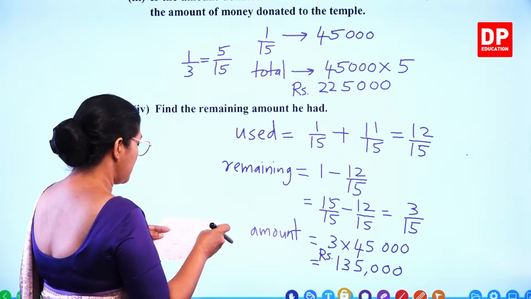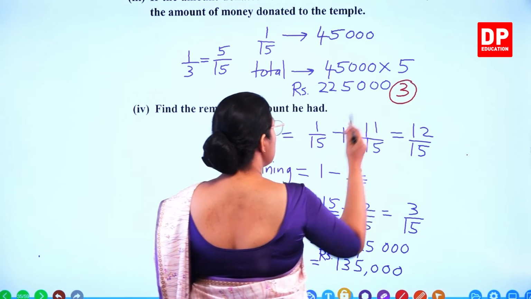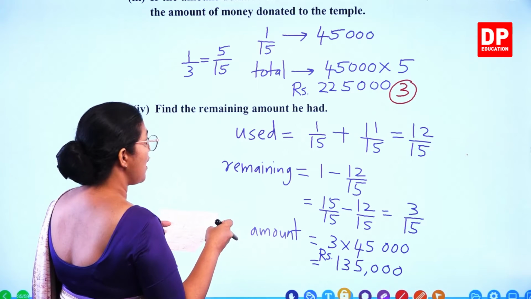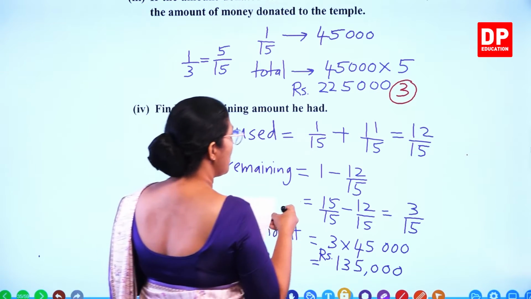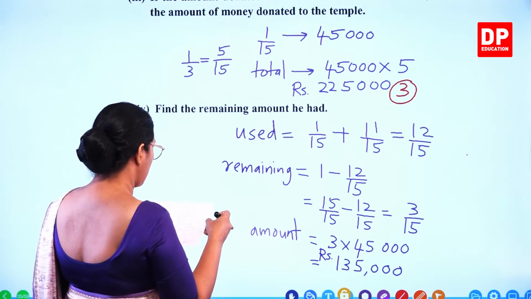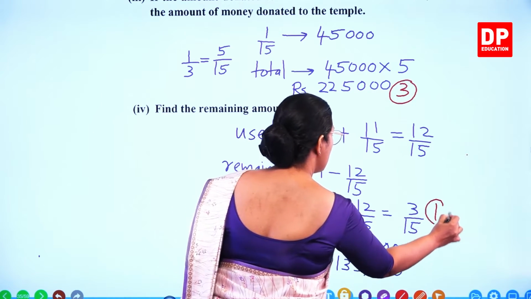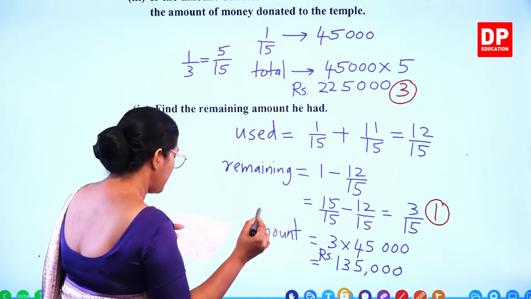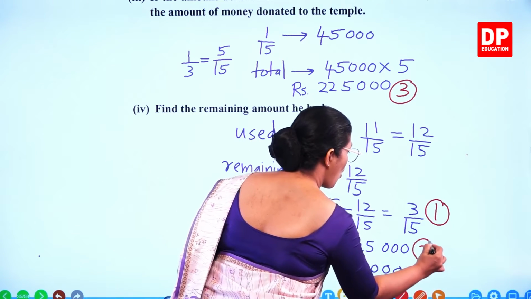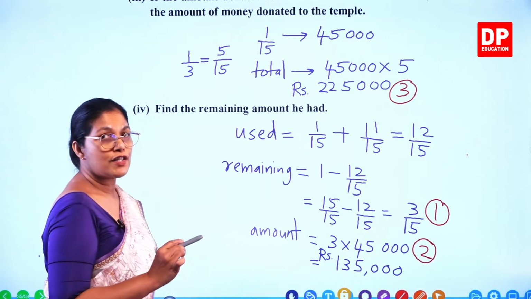You get 3 marks for 225,000 rupees. And then the remaining amount, finding the fraction 3/15, you get 1 mark, and then finding the amount, that's 135,000, that's 2 marks. So altogether, we gave 10 marks for the first question.